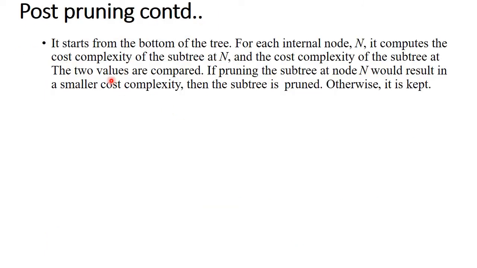If I have two subtrees in a tree, the question is which one should I prune? So it starts from the bottom of the tree. For each internal node n, it computes the cost complexity of the subtree at n. That is, it computes the error rate at n as well as at node m, and the cost complexity of the subtree at m.